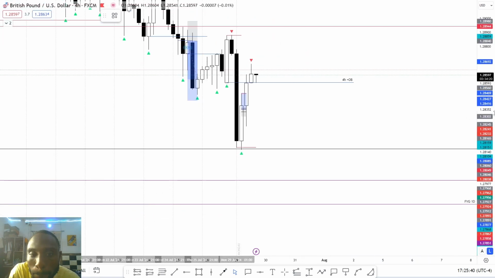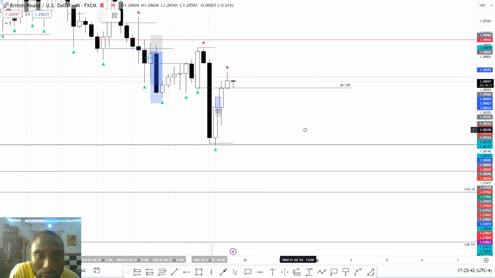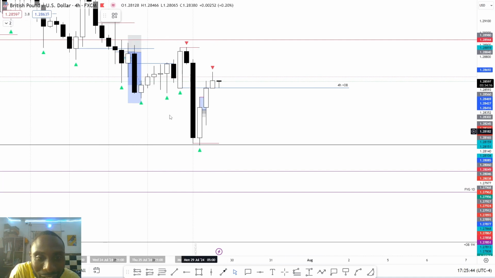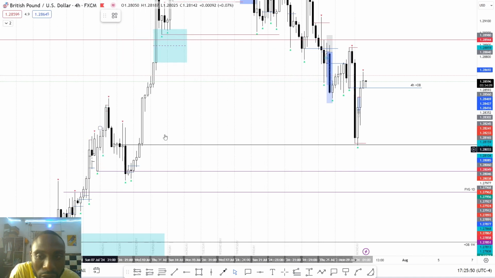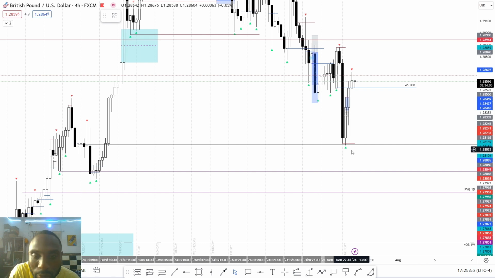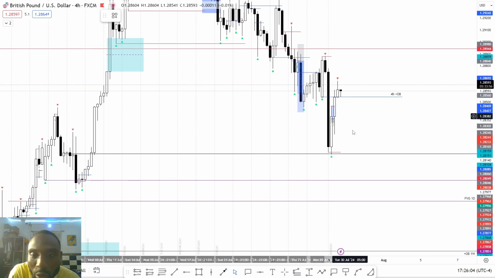On Monday, which is today, price opened at this place and it came down to this 4 hour order block, this exact candle here. Price came back down to it and it started going up.